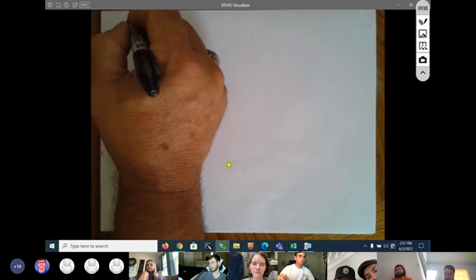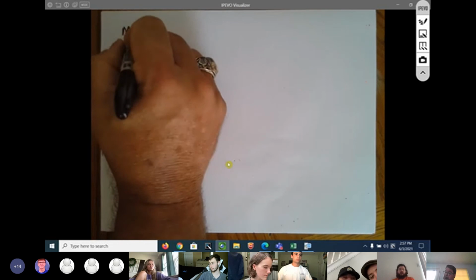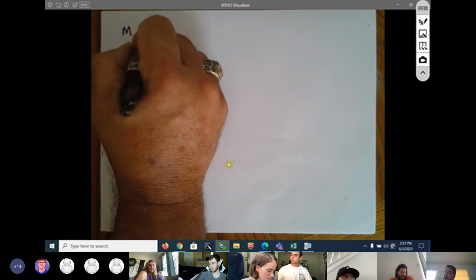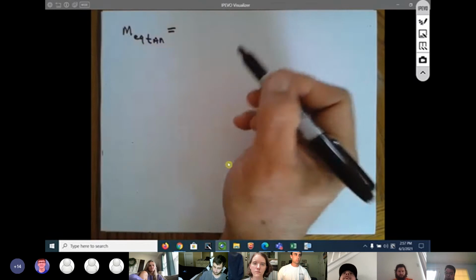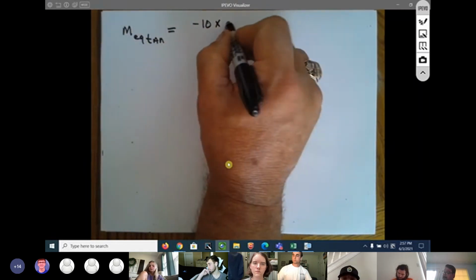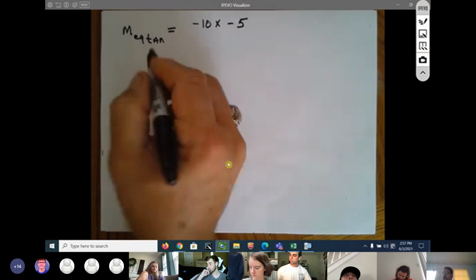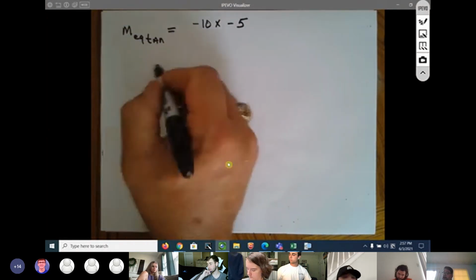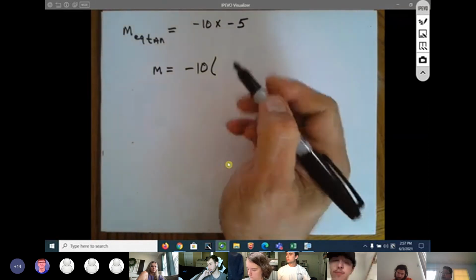Okay, here we go. We got the slope equation for the tangent line is equal to negative 10x minus 5. We're going to plug in negative 10 times our point, negative 3.